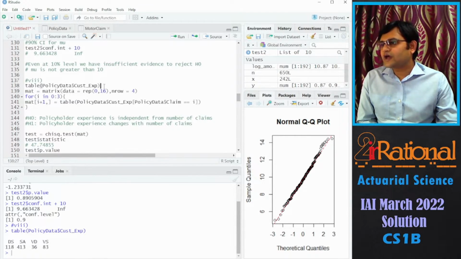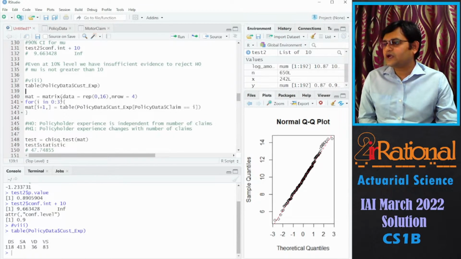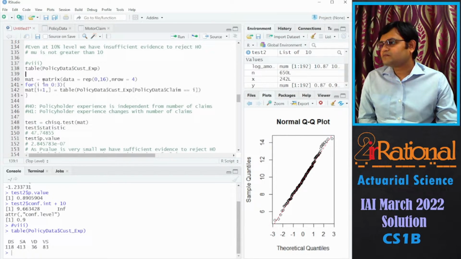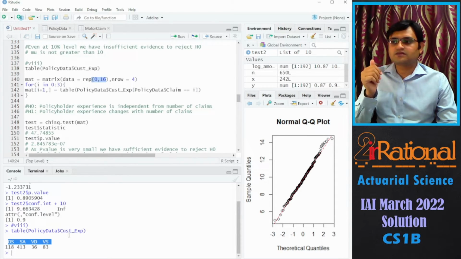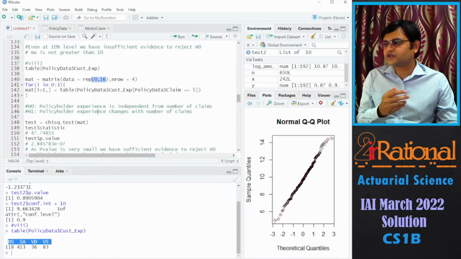So what I have done is, now I have made a matrix such that, first of all, MAT is my matrix. I have made 16 spaces for these values, and across 4 would be the number of claims. That would be 0, 1, 2, 3. These are the possible claim values.